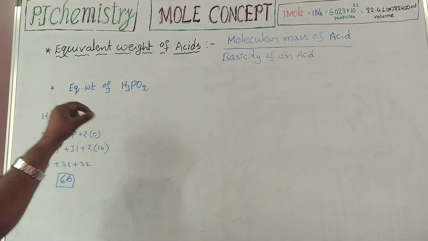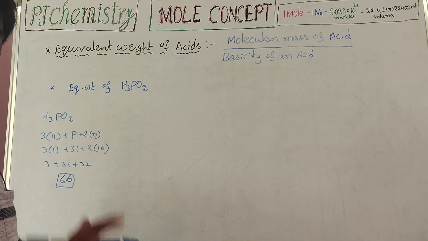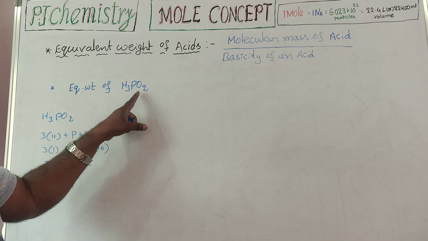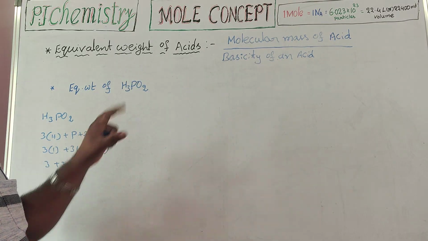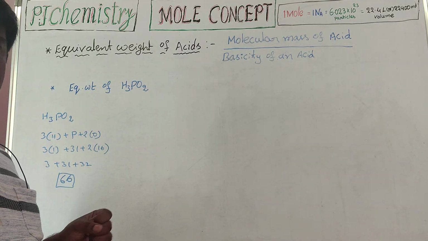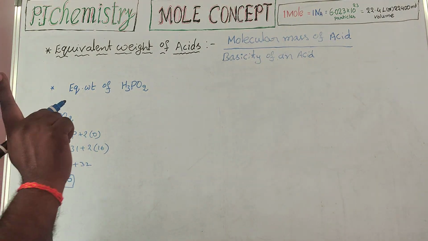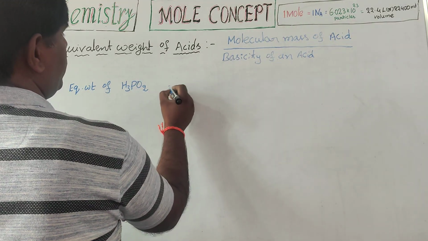What is the basicity of this H3PO2? Already previously discussed. It belongs to monobasic acid because phosphorus has total 2 oxygens. 1 oxygen with a double bond, the remaining 1 oxygen with 1 hydrogen. So hydrogen with oxygen, how many? 1 only. So 1 is the basicity of H3PO2.